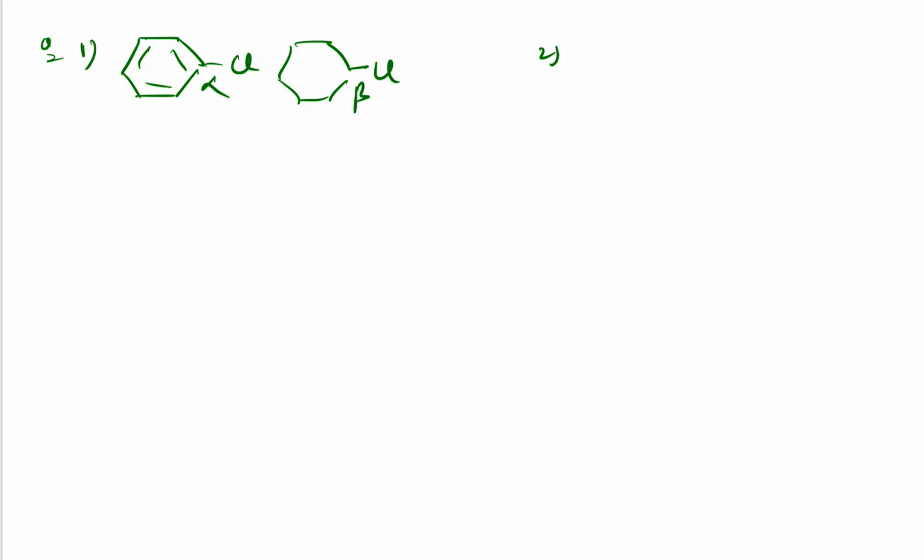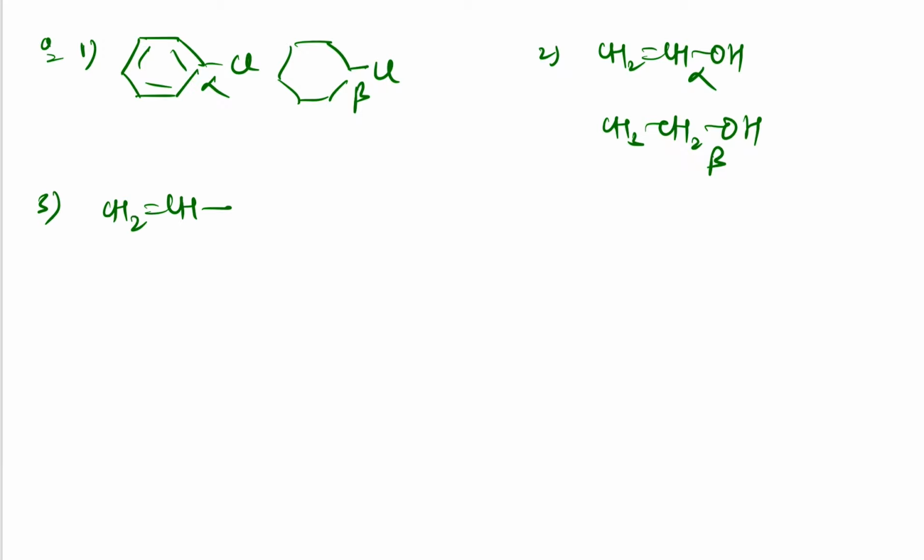I'm writing some questions. You have to identify the bond order. I'm writing bond orders as alpha, beta, and I'll give you time to try to answer on your own. For the first, Cl, the bond order is alpha, and this one is beta. Second, here it is alpha, and it is beta. Third, it is alpha, and it is beta.